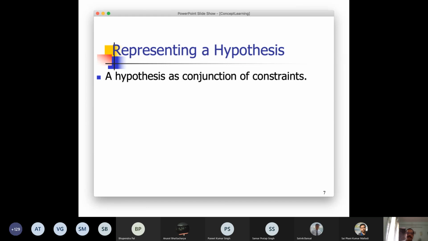Here the hypothesis is in the form of a Boolean function, because that is the form of the hypothesis. So what is the form of these functions? We would be restricting ourselves.